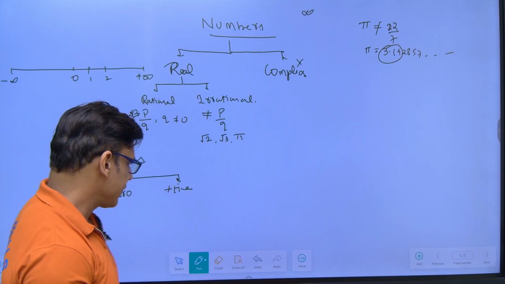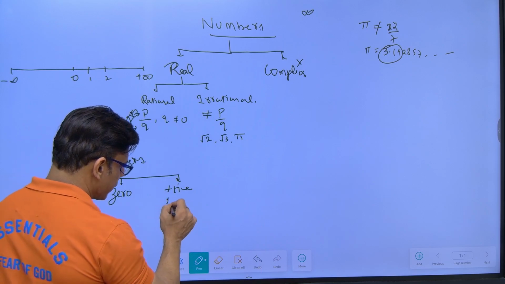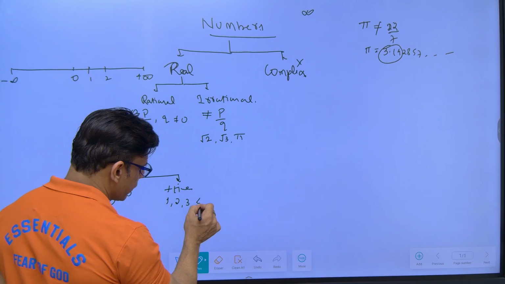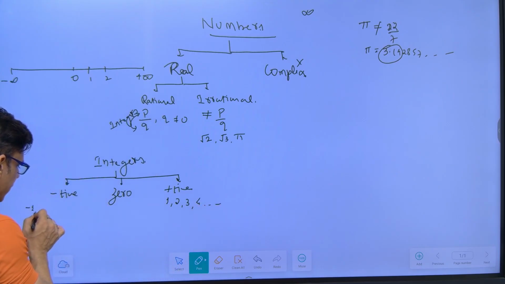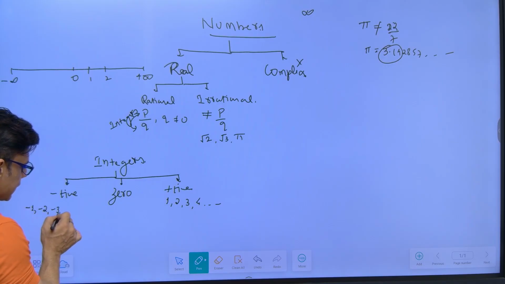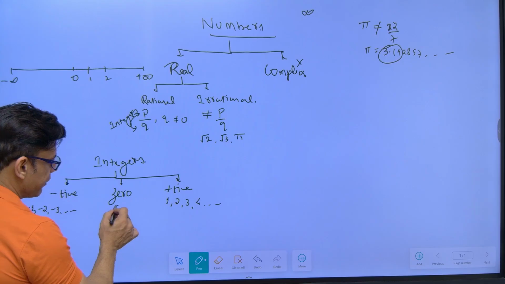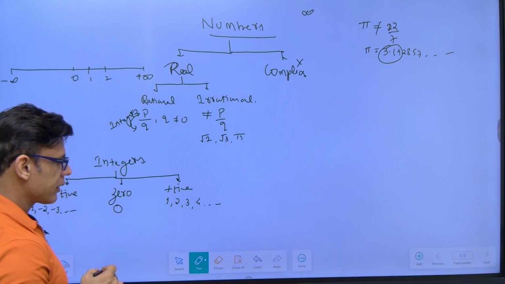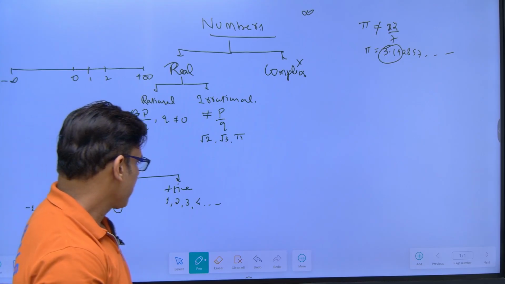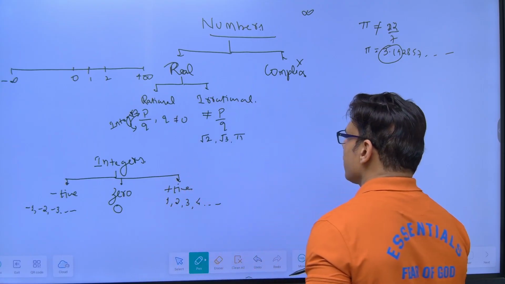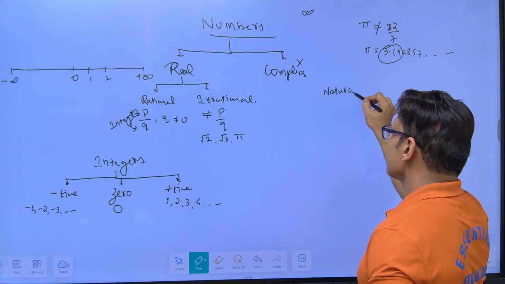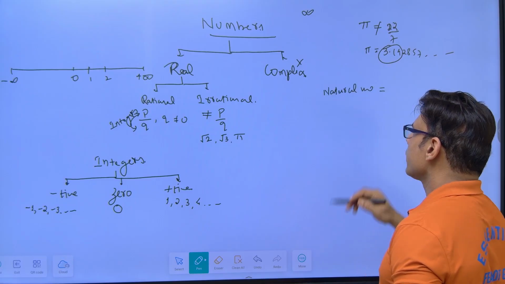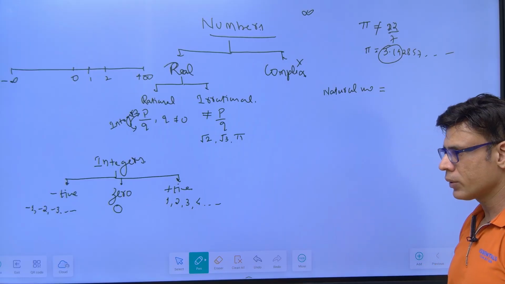So positive integers are basically all positive counting numbers. 1, 2, 3, 4. So what are negative integers? Called negative counting numbers, -1, -2, -3, and so on. And then we have 0. Here, the difference: positive integers are also called natural numbers.